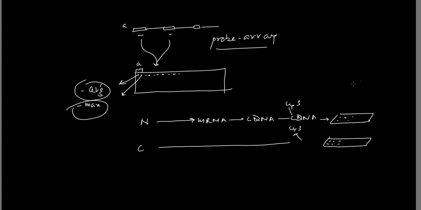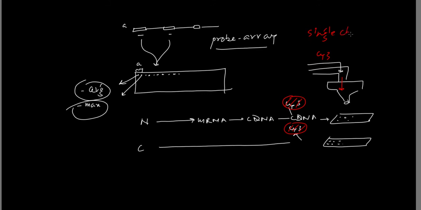So you can use a single laser now. If you are looking at the microarray scanner, you can just use a single laser here, which is just the Cy3, because both of them were Cy3. So you don't need two channel arrays. This is called single channel arrays. The cDNA array is a two channel array.